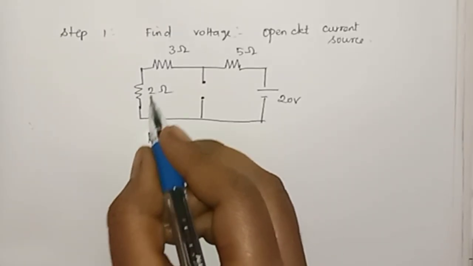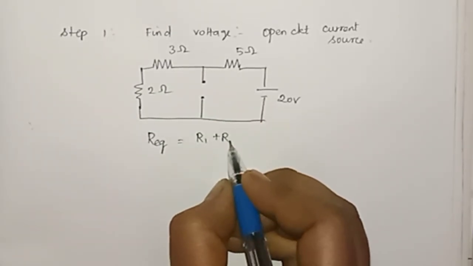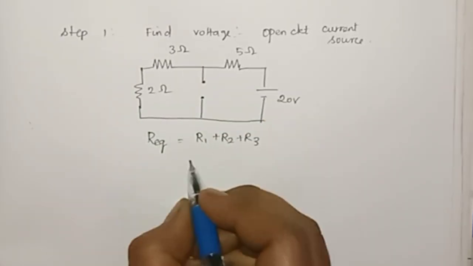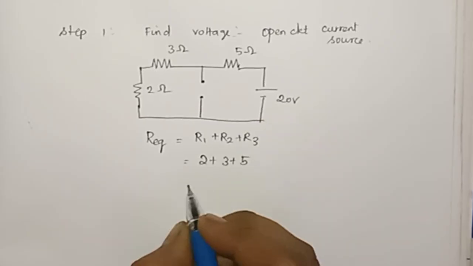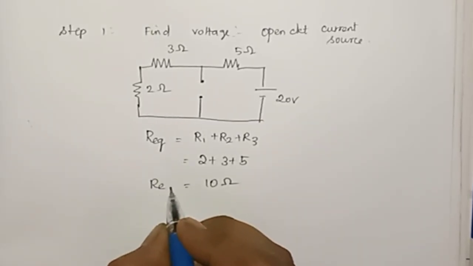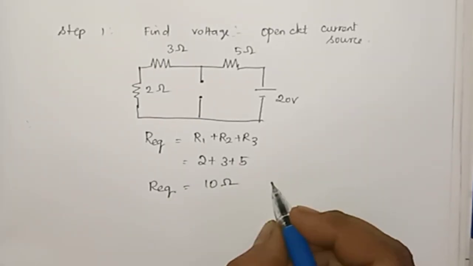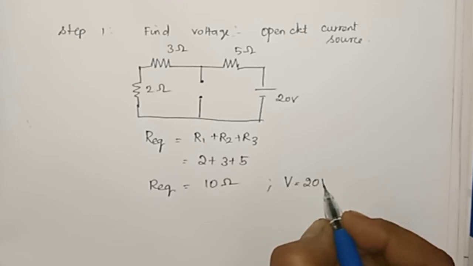By using this circuit you have to find R equivalent, that is the equivalent resistance. Here 3 resistances are there. R1 is equal to 2 ohm, R2 is equal to 3 ohm and R3 is equal to 5 ohm. By adding all these resistances we get 10 ohm, that is the equivalent resistance. And we know the voltage here, 20 volt.